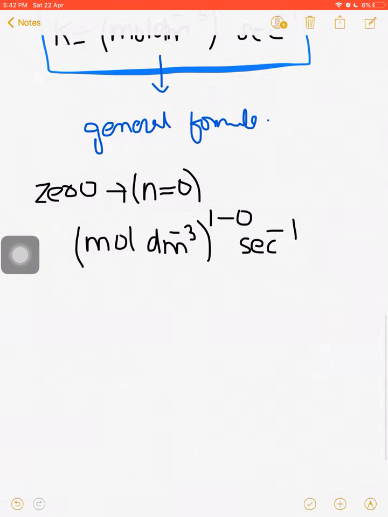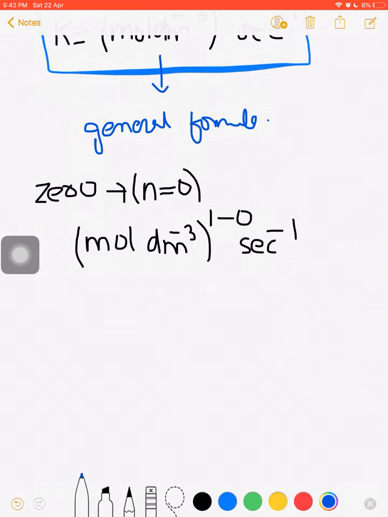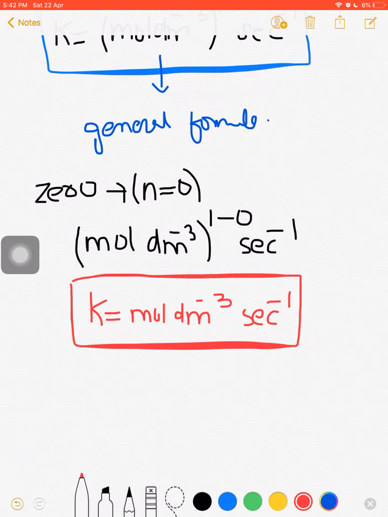So k is equal to mole dm cube, since 1 minus 0 is 1, second inverse. This is the unit of k when the order of reaction is 0, right?